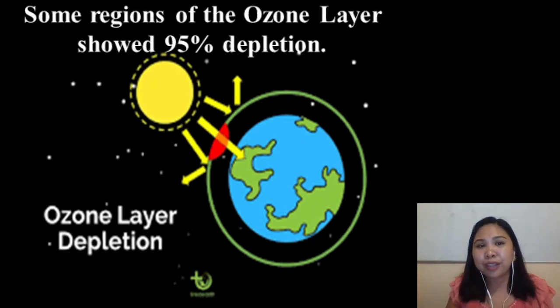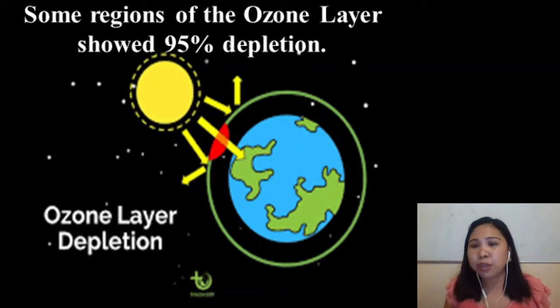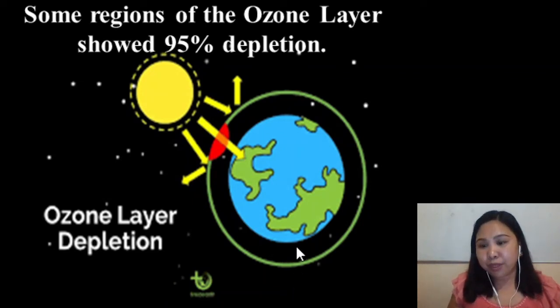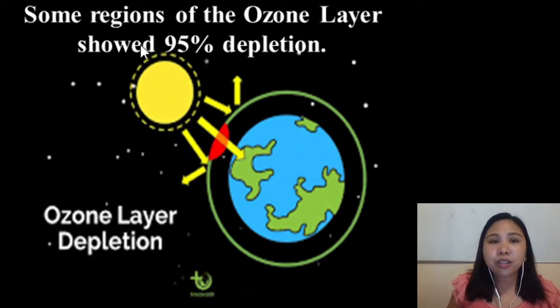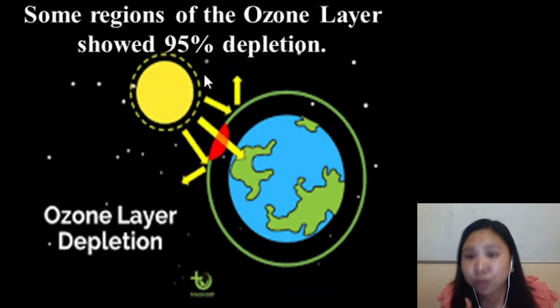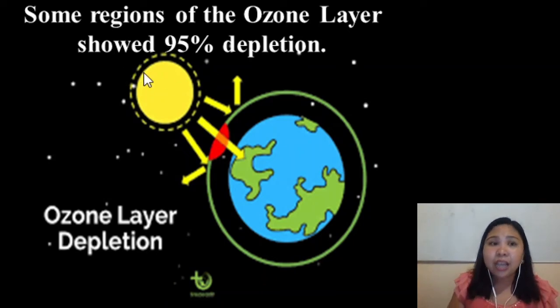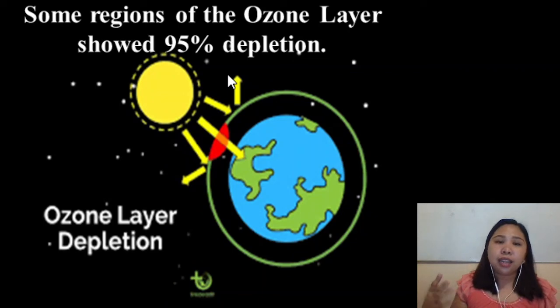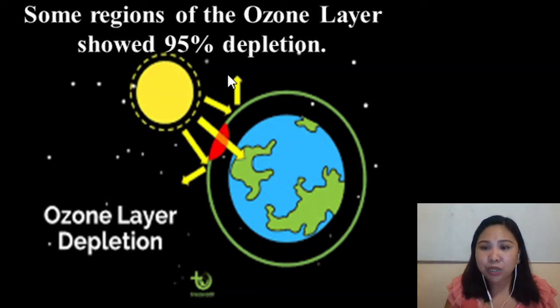Okay? This is one, sabi ko kanina, of the most serious environmental issues in our atmosphere. So some regions of the ozone layer showed 95% depletion. Imagine that figure, ha. So may mga regions na talagang nadideplete na yung amount ng ozone.